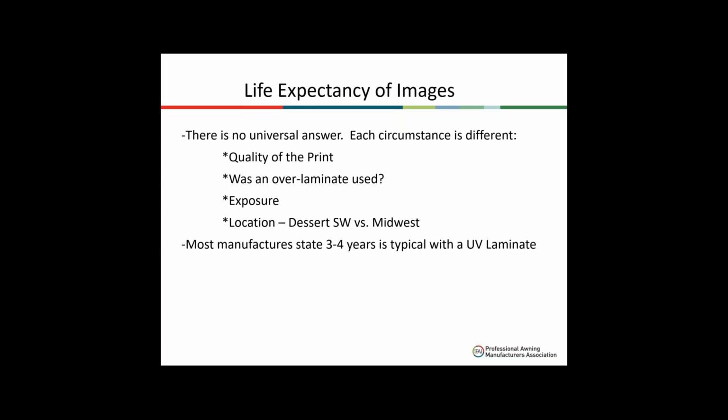But you still have the winters and all that stuff. The location, the desert Southwest versus Midwest versus the North, it's all a little bit different. And most manufacturers state that 3 to 4 years is a typical lifespan to expect with a UV laminate.